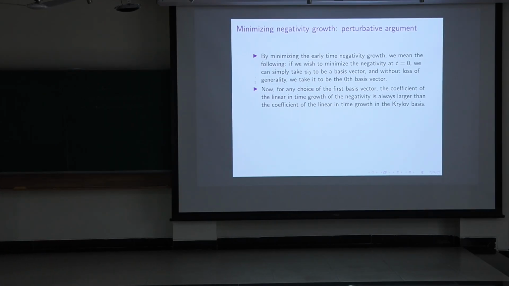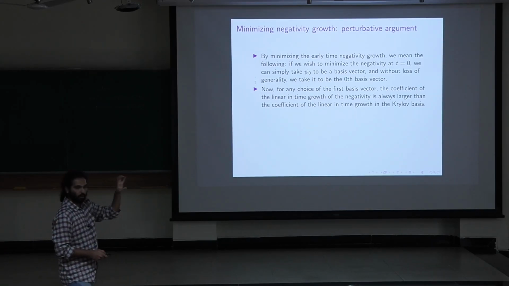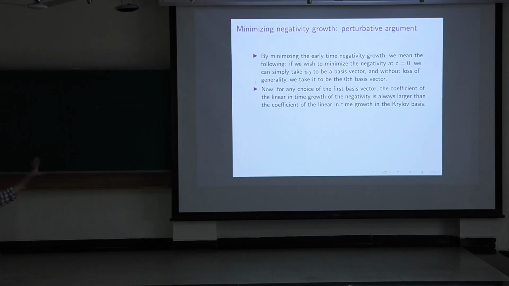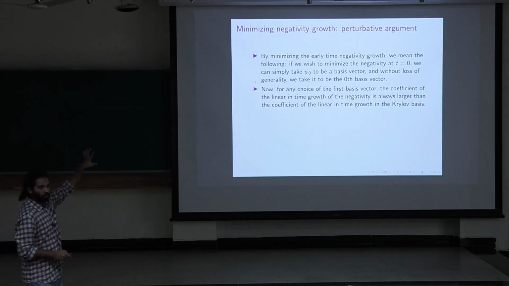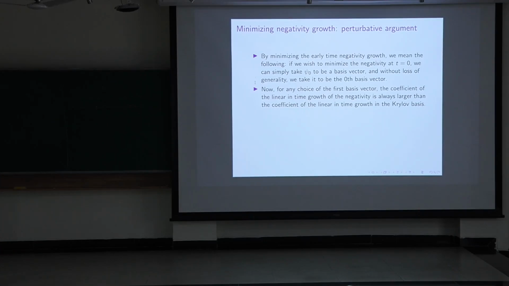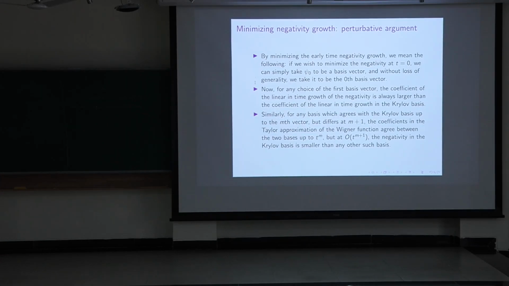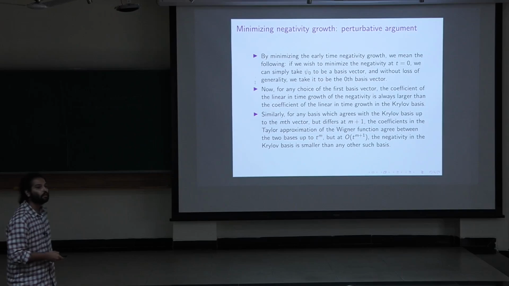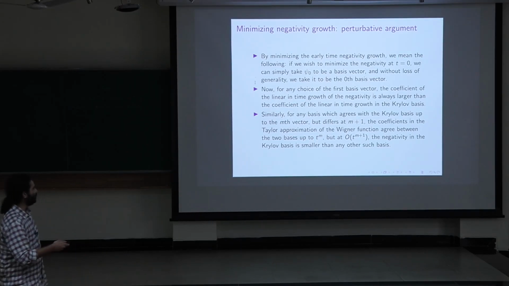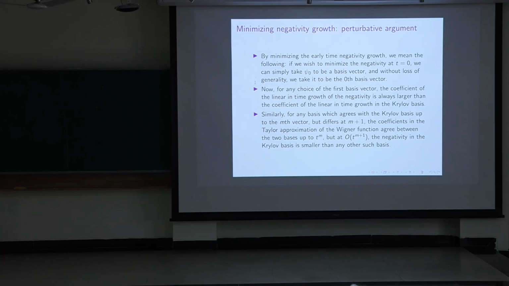So if you want to minimize the coefficient of the order t term in the negativity, you're forced to pick the first basis vector of the Krylov basis. Had you picked any other vector, the coefficient of the order t term would have been larger. Okay, and then you keep going. This is true for any H, up to this generic condition. That's right.